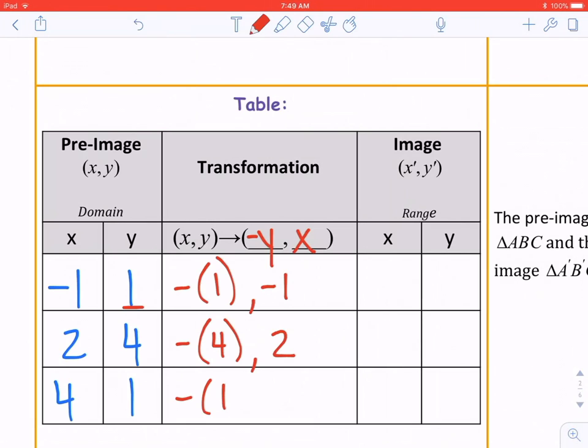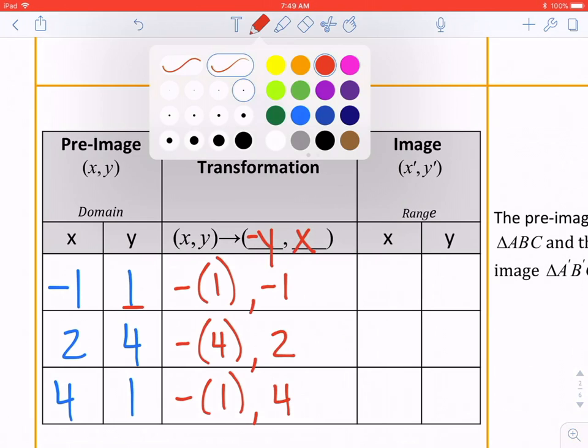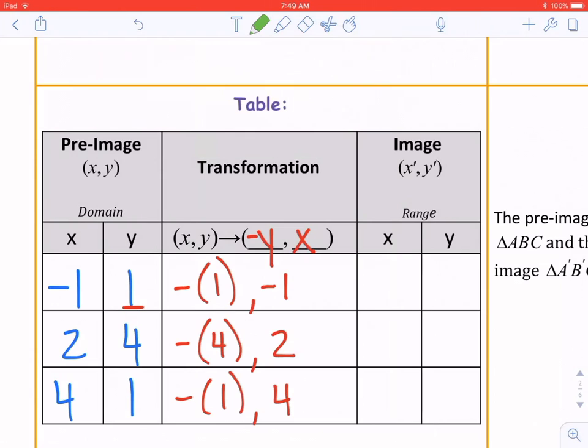And then for C we have -1 and 4, the x value coming now in the y position. Then I'm going to simplify that and put it over here for the image. So A prime is (-1, -1), B prime is (-4, 2), and C prime is (-1, 4).